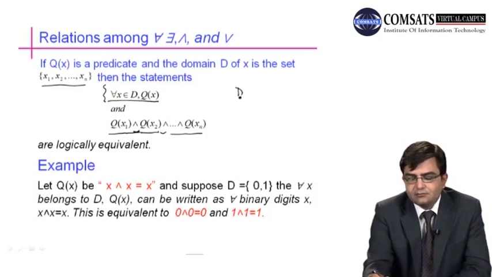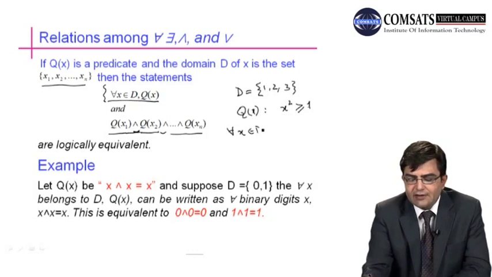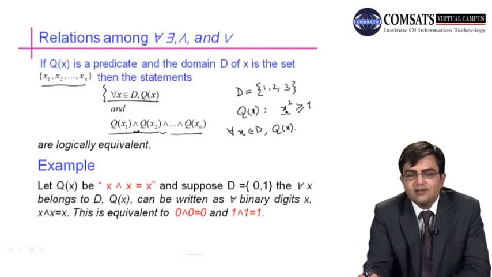For example, say D is 1, 2, 3, this is the domain, and Q of x is x squared is greater than or equal to 1. Now we can say for all x belongs to D, Q of x is true, because if we put 1 in x, 1 squared is greater than or equal to 1, this is true. 2 squared is greater than or equal to 1, this is also true. 3 squared is greater than or equal to 1, this is also true.